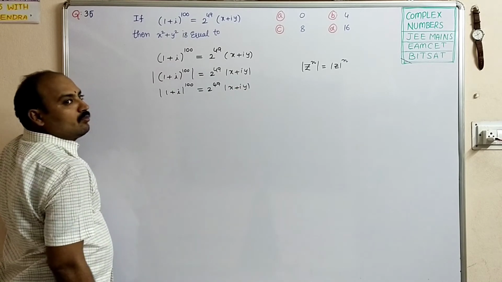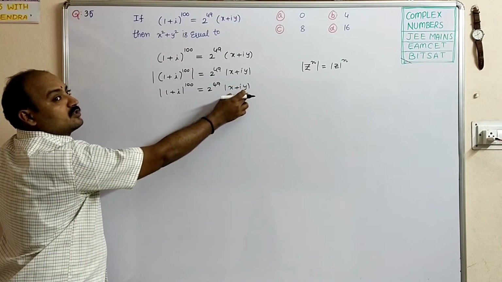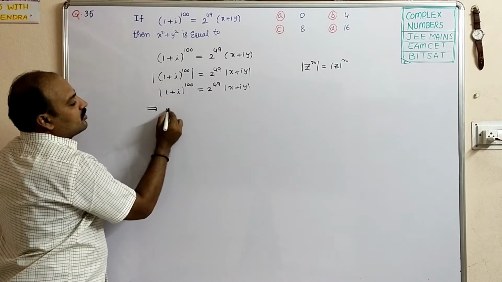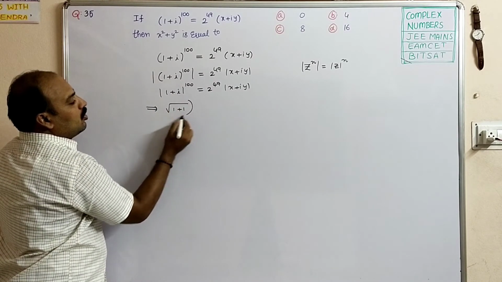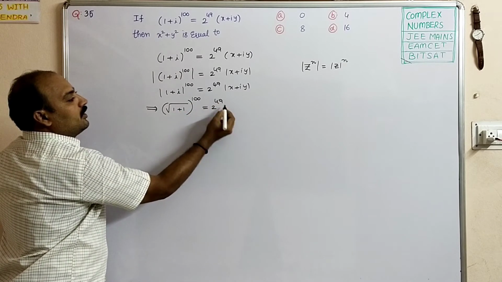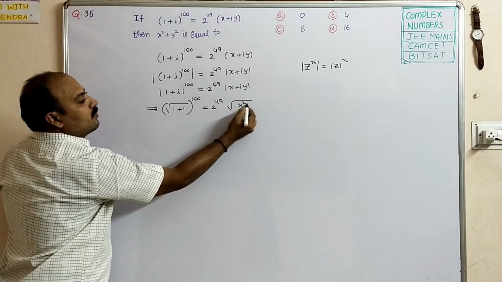We know that modulus of x plus iy is root of x square plus y square. Modulus of 1 plus i equal to square root of 1 plus 1 whole power 100 equal to 2 power 49 square root of x square plus y square.